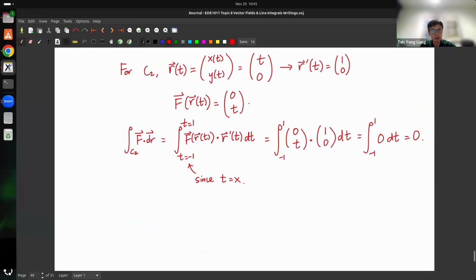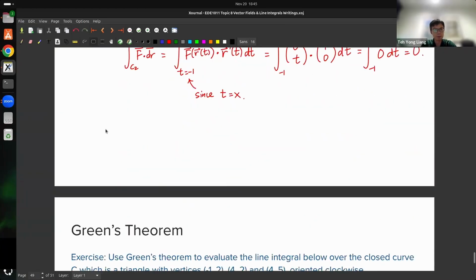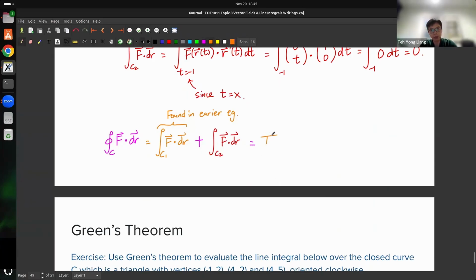That's why the end result is pi plus 0, which gives pi, which is the same as that given by Green's theorem. So it has to be so. Expected.